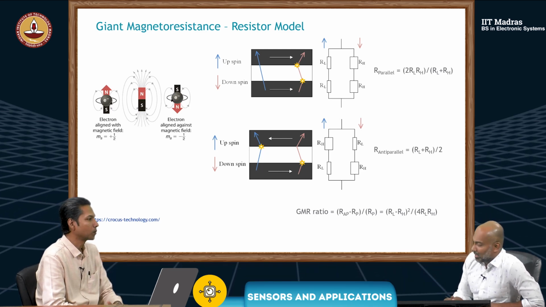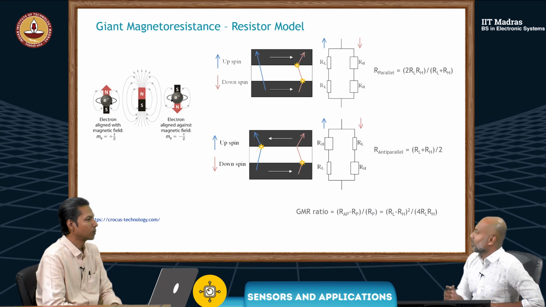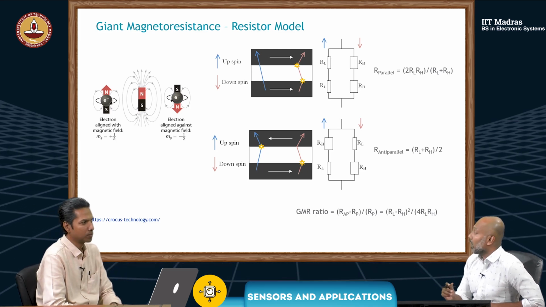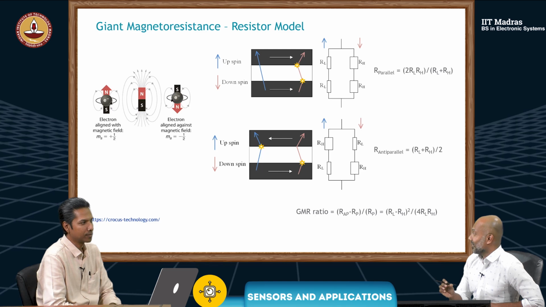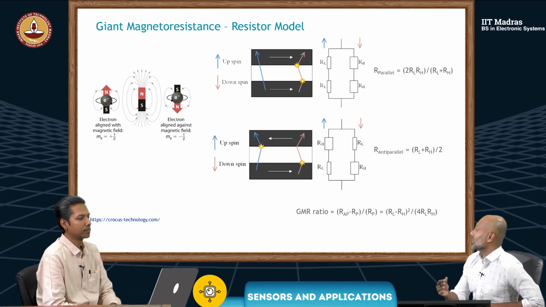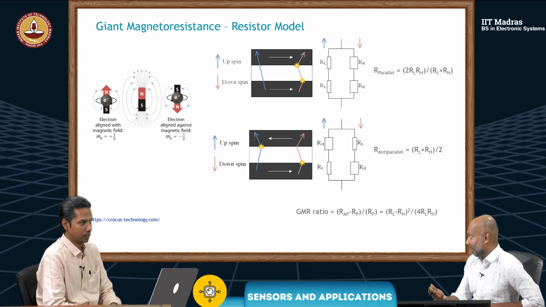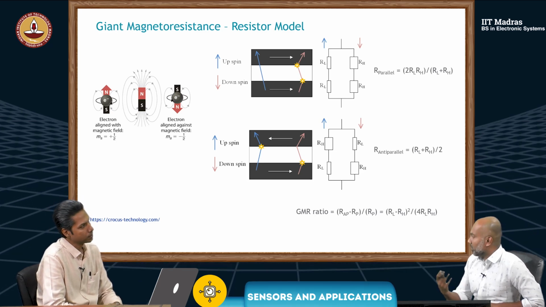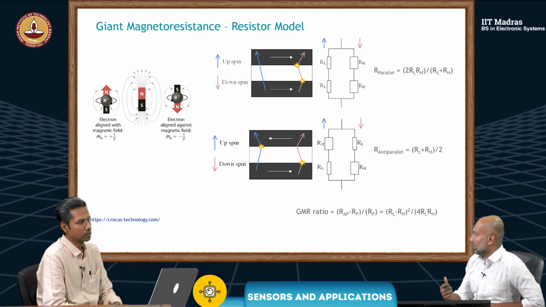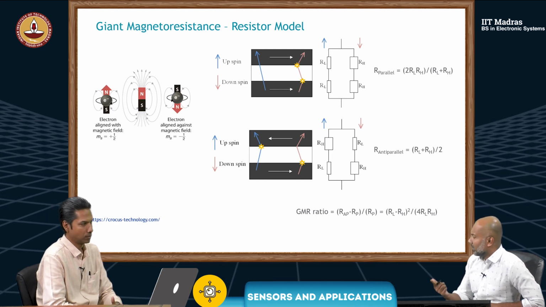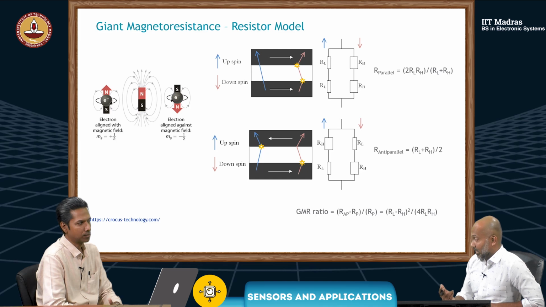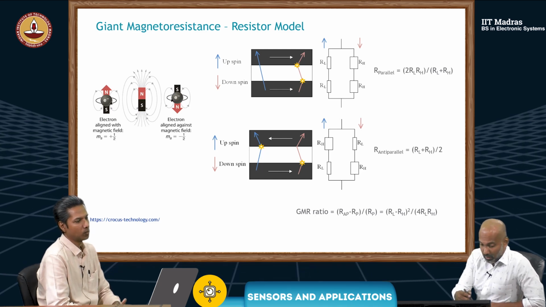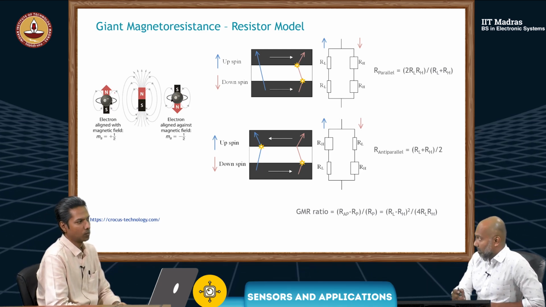Maybe it's a good time to briefly explain to the students how the resistance of this stack of materials changes when you apply a magnetic field. If you take an electron, what are its properties? You have charge, mass, and also spin. Electrons can either spin up or spin down.